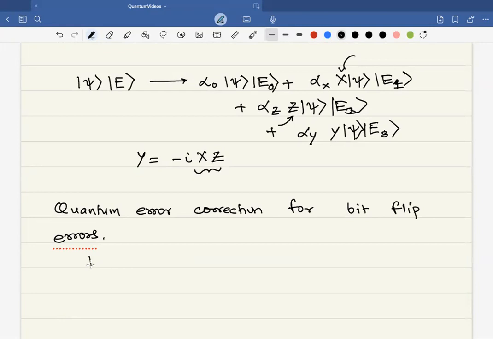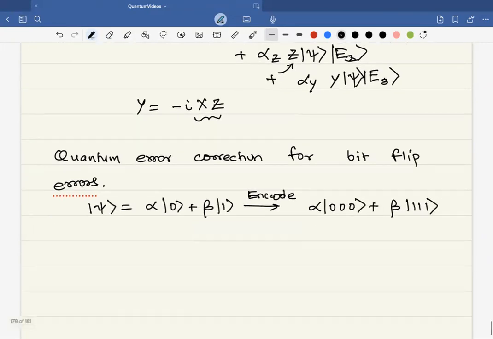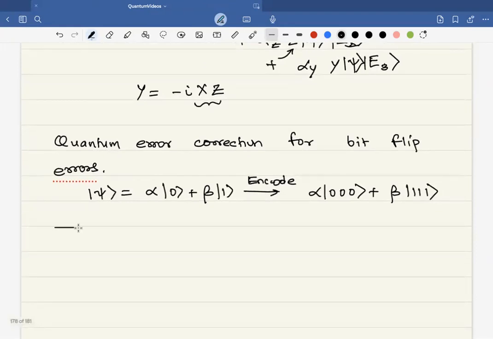So we have an initial state psi equal to alpha ket 0 plus beta ket 1, and we encode by adding redundancy, and we will convert this to alpha 000 plus beta 111. And so the encoding circuit looks like this. Just like before, we have the quantum CNOT gate.